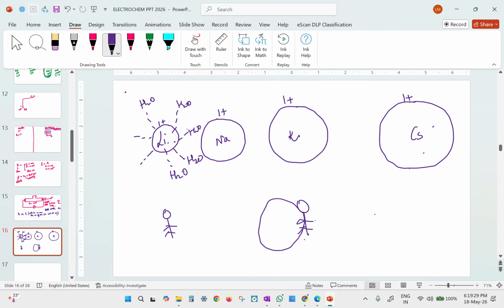It is not loaded with a lot of water molecules, whereas lithium will be loaded up with a lot of water molecules. The number of water molecules keeps decreasing. By the time I come to cesium, very few water molecules are there. So mobility is affected by the hydrated ion size, not the ionic size. It depends upon the hydrated ion size. Are we clear?